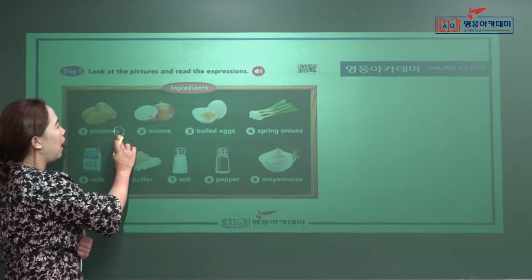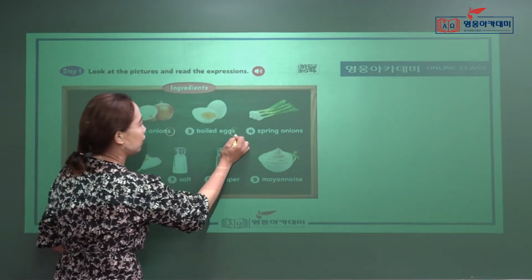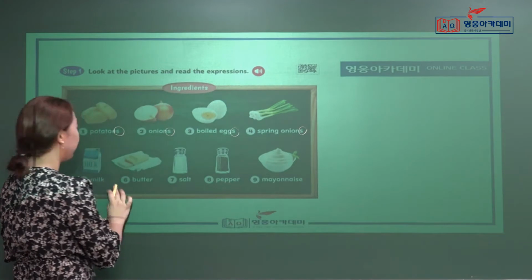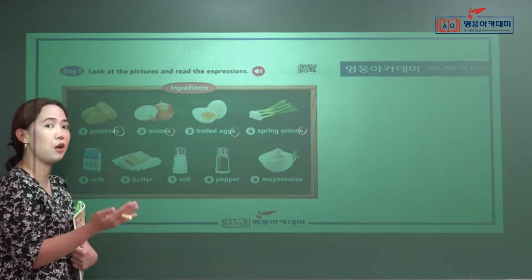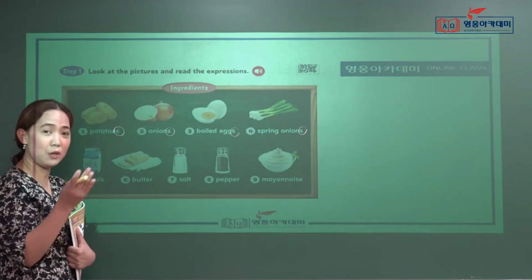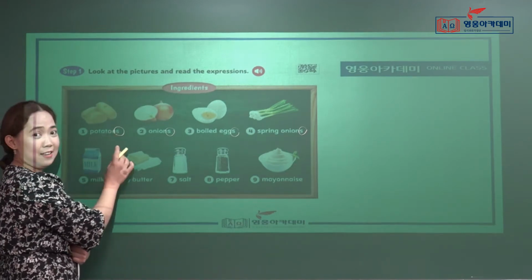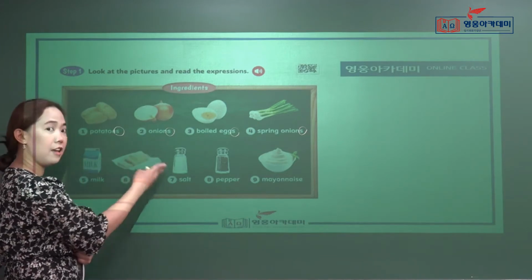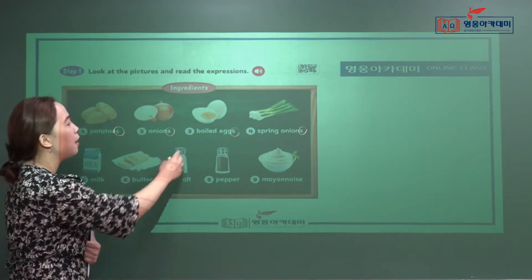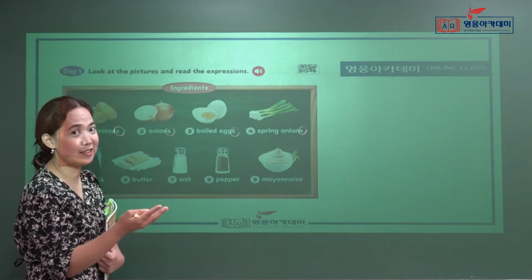Now listen, can you see it, guys? I think there is an S here at the end of these words because we are using the plural form of this noun. So instead of potato, we say potatoes. You know the rule, right? So we add ES to the word potato to make it into plural form. And then onion, onions. Boiled egg, eggs, right?